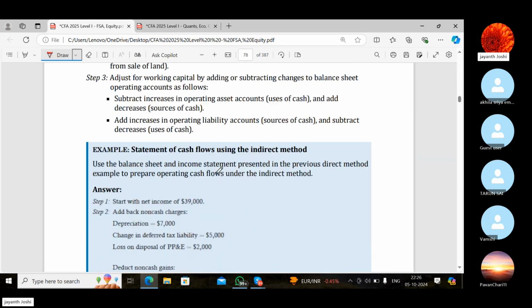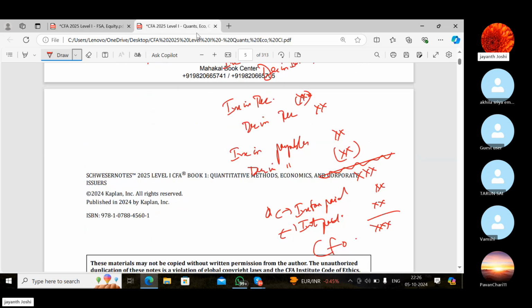Let's take the same data and the net income.